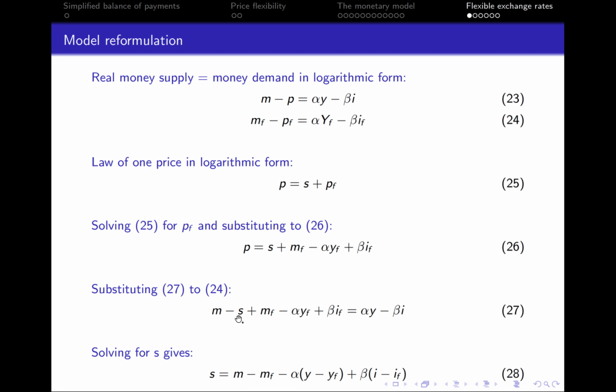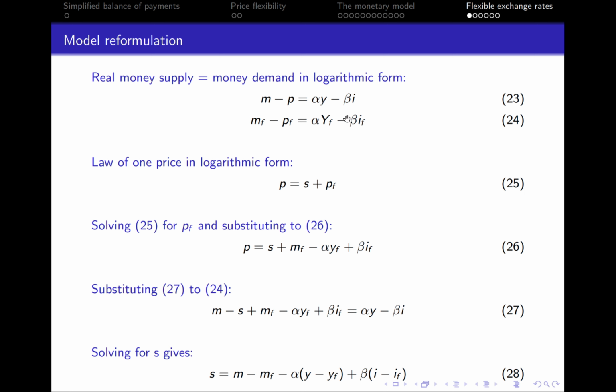And now, if I solve equation 27 for the nominal exchange rate, what I'm gonna get is an equation where the logarithm of the exchange rate is expressed as a difference in logarithms of money supplies, minus alpha times y, so the logarithm of GDP at home minus GDP abroad, and the same for interest rates with coefficient beta.